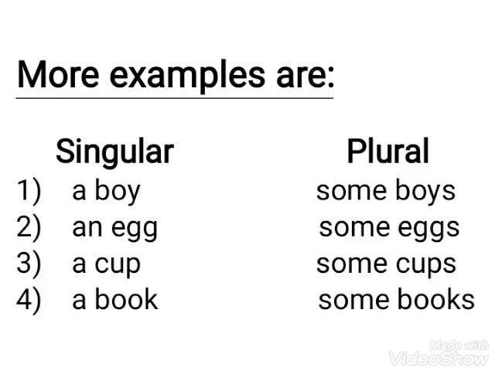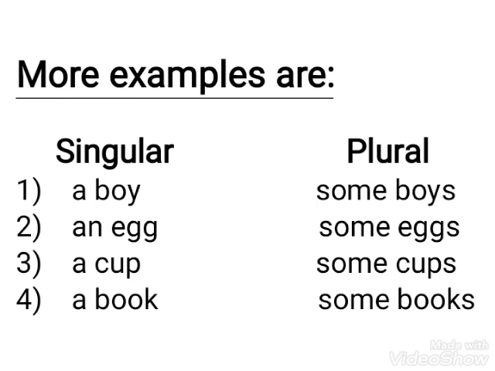All right. Another example is a cup. A cup is singular, which is one cup. If it is more than one cup, it becomes plural, which is some cups. That a changes to some. Then the cup, we add s to it, because it is more than one.